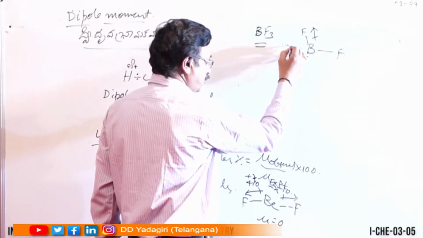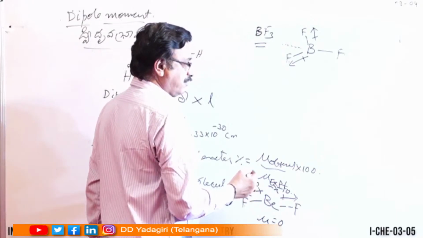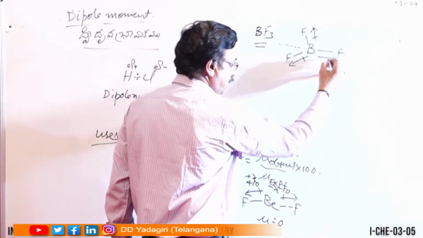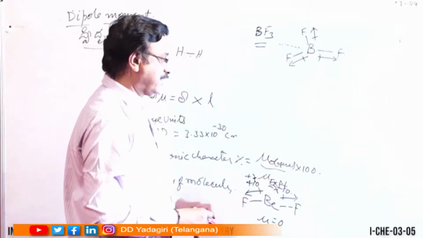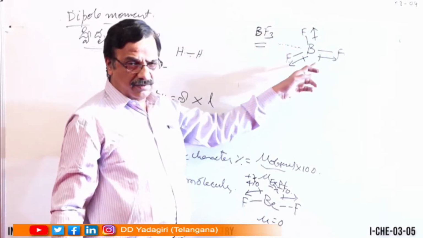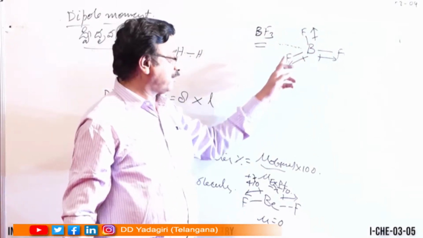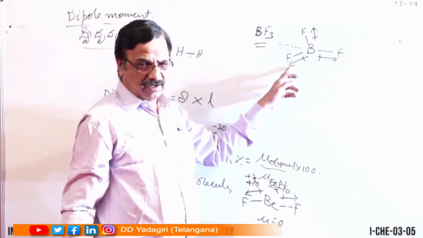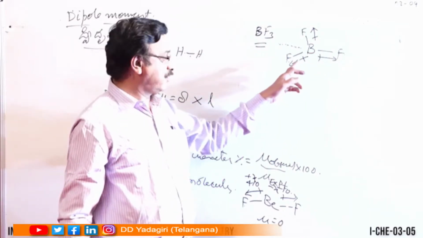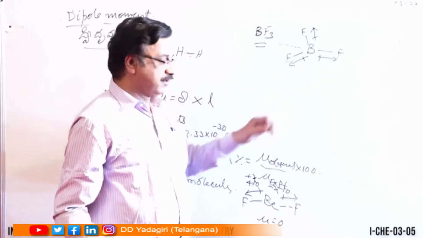This value is exactly equal to this one. It is possible when they are oriented in a trigonal planar shape. That's why the shape of the molecule is trigonal planar, right?